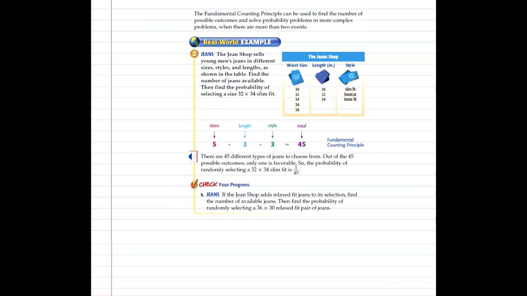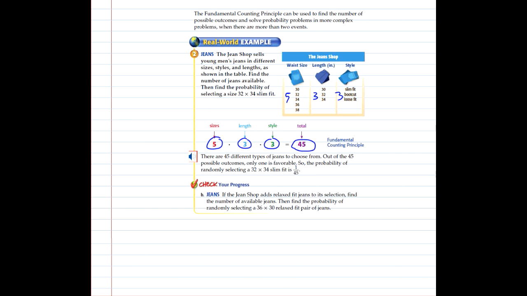The jean shop sells young men's jeans in different sizes, styles, and lengths, as shown in the table. Find the number of jeans available, then find the probability of selecting a 32 by 34 slim fit. Well, I have 5 sizes. I have 3 lengths. I have 3 styles. 5 times 3 times 3 is 45 possible combinations.